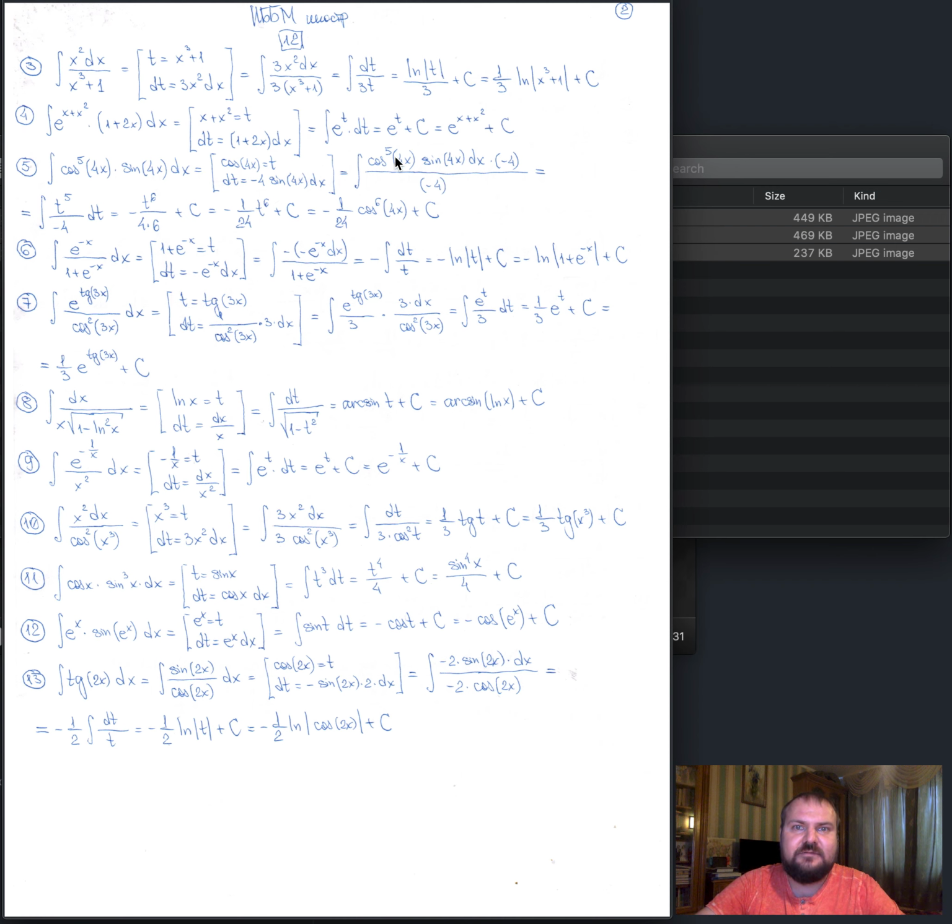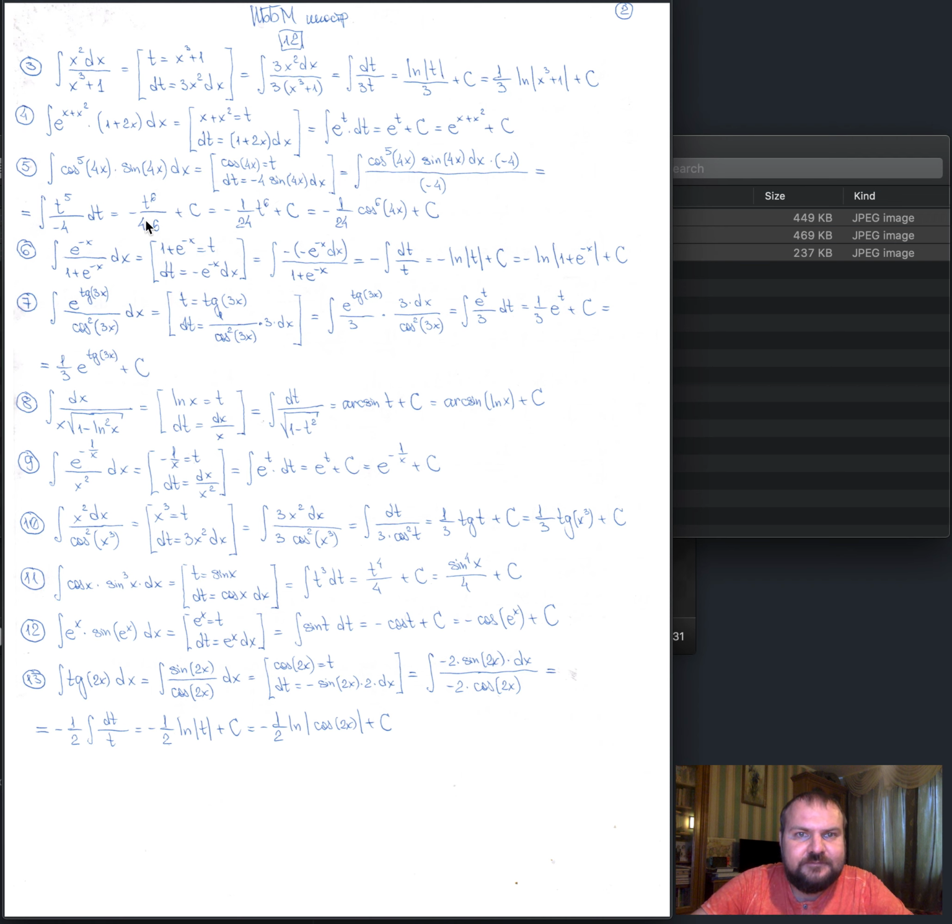So cosine to the 5th of 4x multiplied by sine 4x. And here we create minus 4x under the differential sign, and we need to divide by minus 4. So a new form of this integral would be integral t to the 5th, sine 4x d of 4x. It would be dt, and we find the answer.